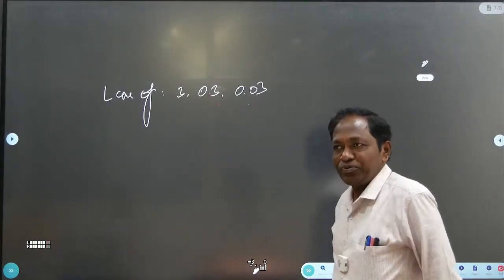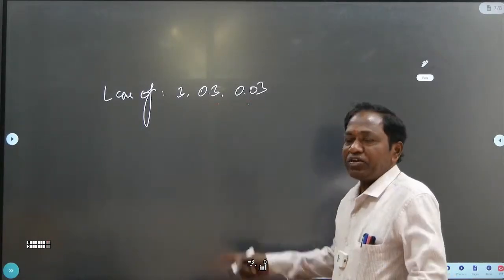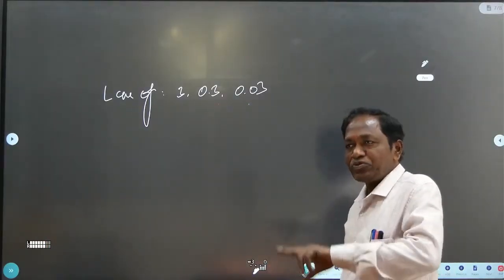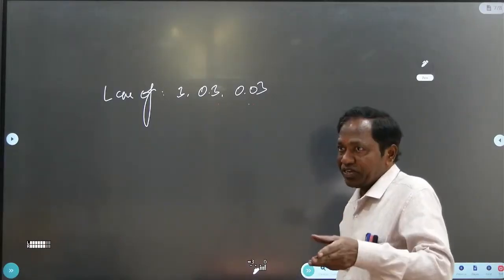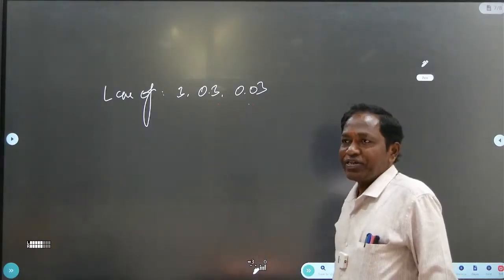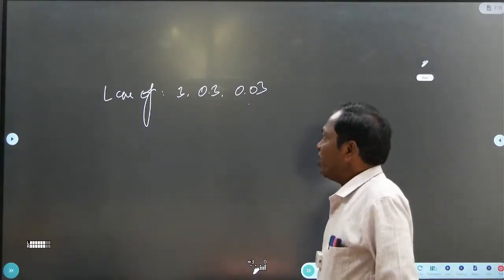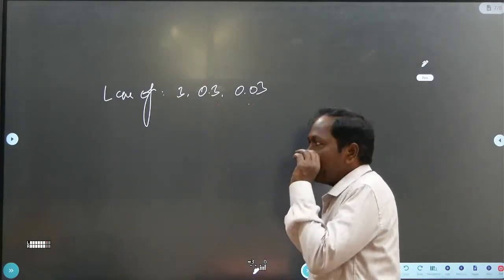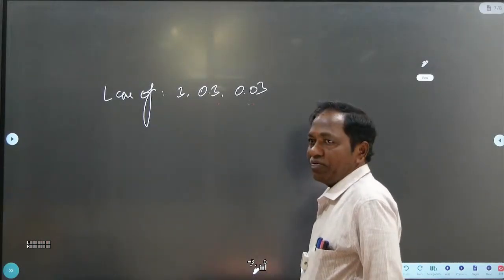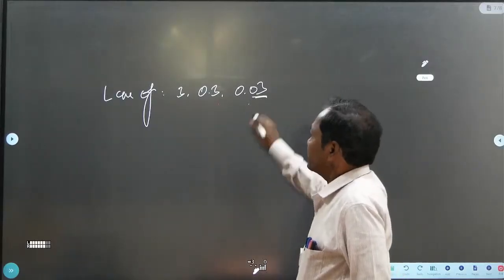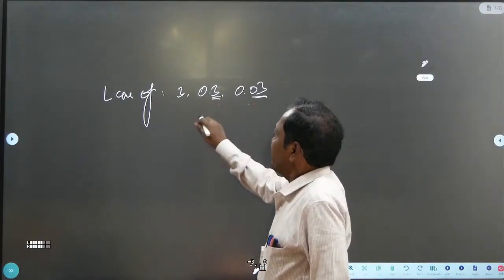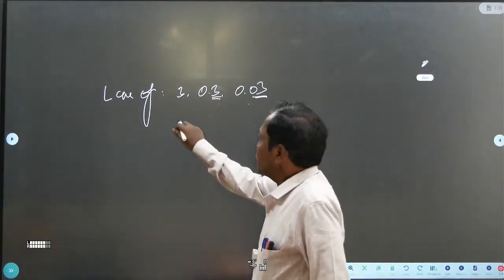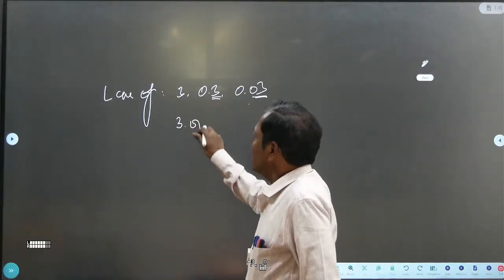Without natural numbers, you cannot do that. These decimals must be converted into natural numbers, because these are not counting numbers. What are the maximum decimal places among the given numbers? 2 decimals here, 1 decimal here, no decimal here. The maximum is 2. So you have to convert 3 to 3.00.